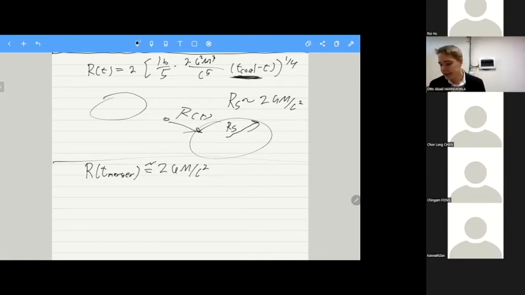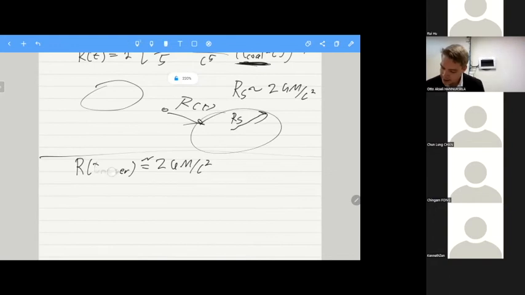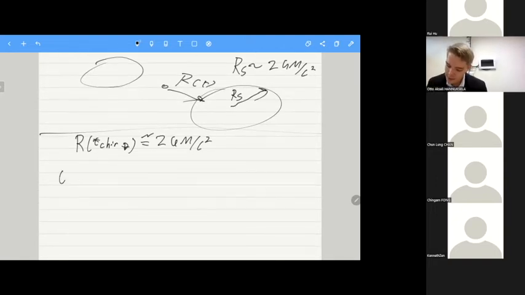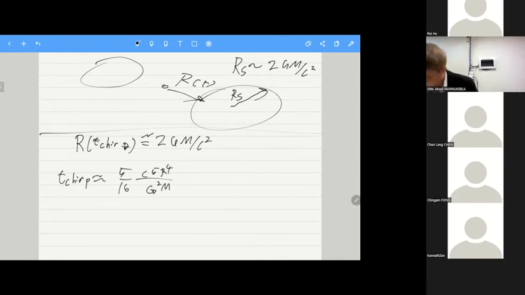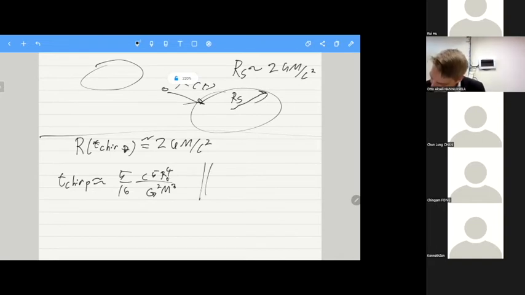Okay, and let me put this as the T chirp. What we actually find is that the chirp time for this system is approximately 5/16 c to the power of 5 r0 to the power of 4 over G squared M to the power of 3, where r0 is the starting radius.